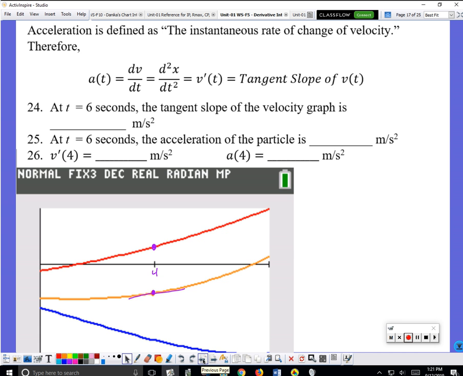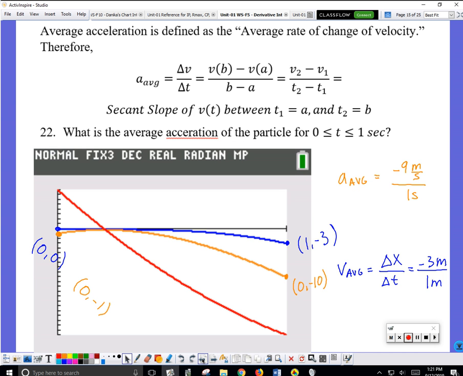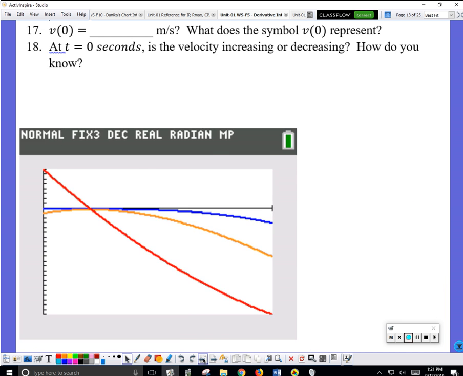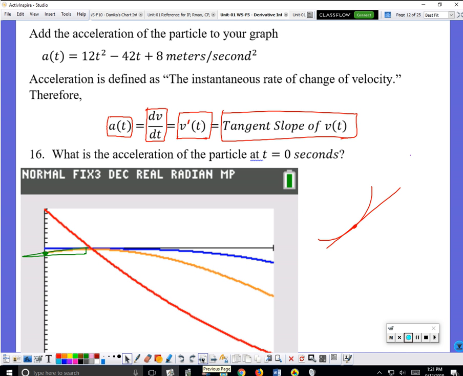Hold on a second. Listen, at the bottom of the left page, give me the 2 numbers. 16 and 24? They're like the exact same. So 16 says to find the acceleration, you find the tangent slope of the velocity.